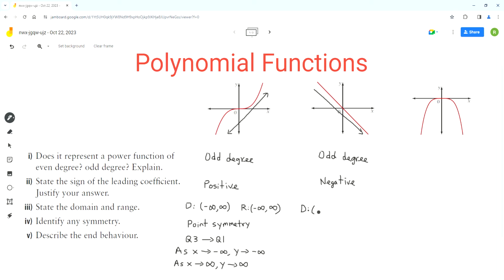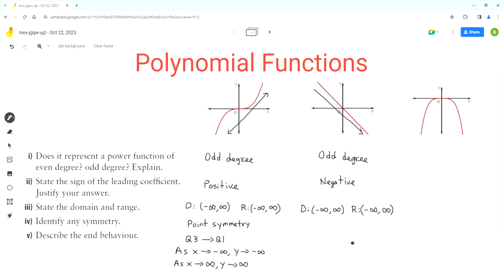So the domain in interval notation is from negative infinity to positive infinity. And the range is again negative infinity to positive infinity, because the graph spans the whole y-axis from bottom to top.